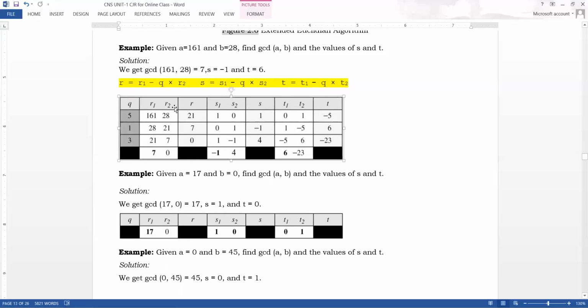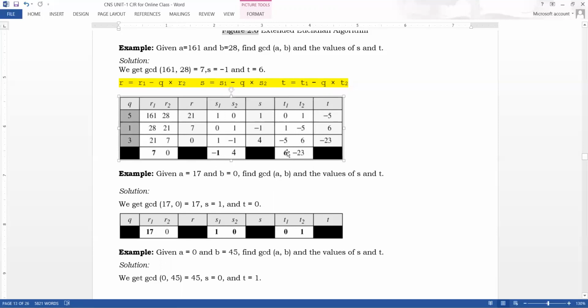In the same way, continue this process until you get R2 value as 0. When you get R2 value 0, R1 is the GCD of the two numbers, and the S value is -1 and the T value is 6.